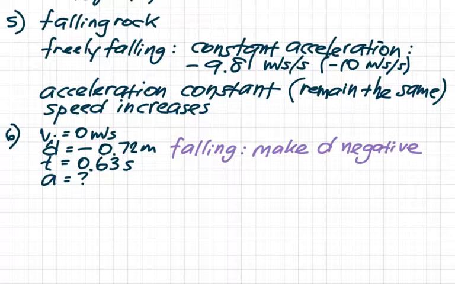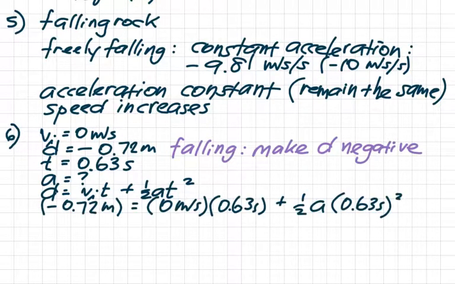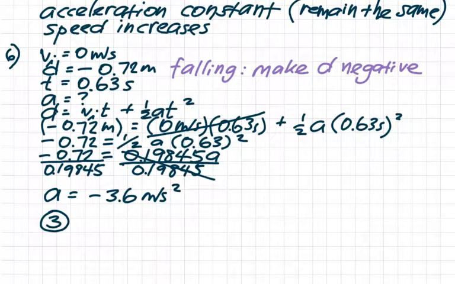We're solving for A. And it said falling from rest, so V initial is 0. I know D, I know T, I need A. D is V initial T plus 1/2 A T squared. Remember that only the T is squared in that equation. Substitute numbers with units. Anything times 0 is 0, and you wind up with an answer of negative 3.6 meters per second squared.